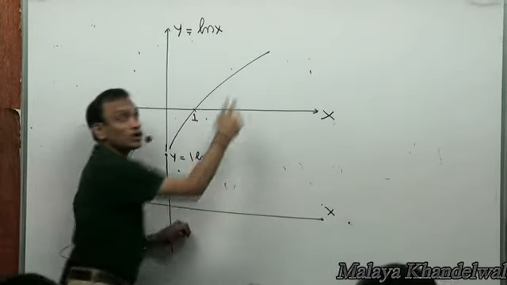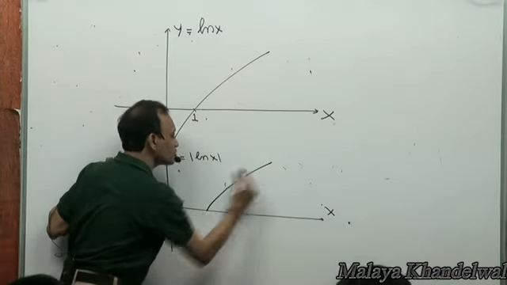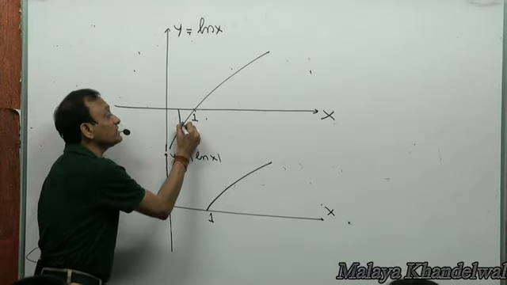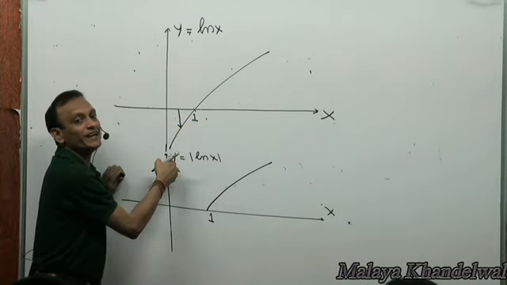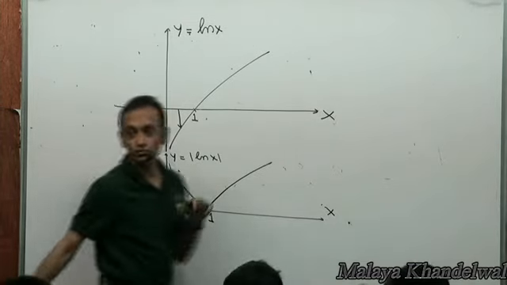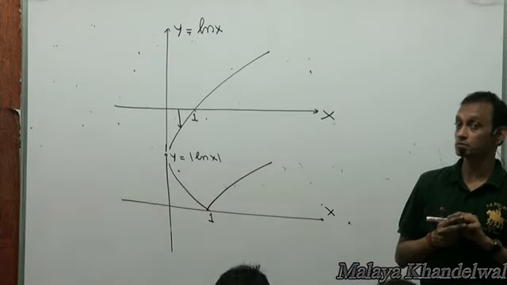Wherever log x is positive, it will be retained. 1 onwards, it's going to be retained as such. To the left of 1, log x is negative, so reflect this portion about the x-axis. This then will be the graph of y equal to mod of log x. Right?